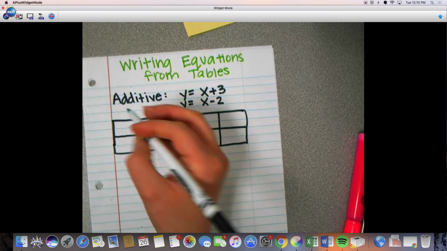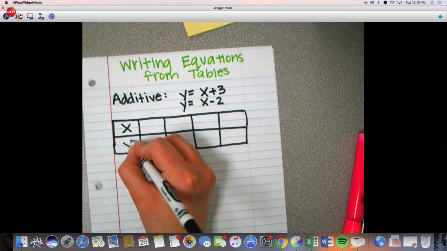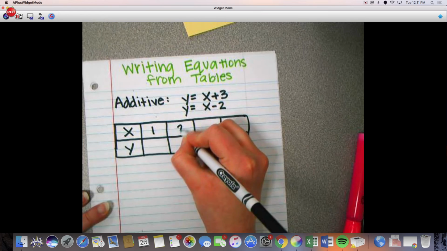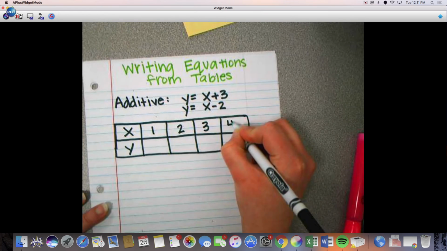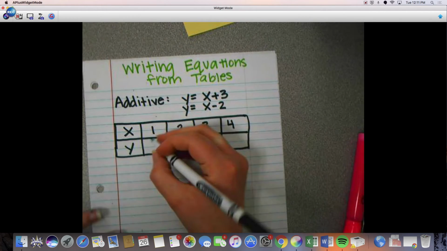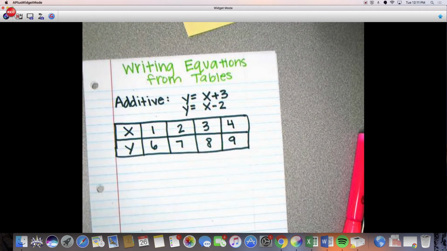This part of our table is the X row. And this is the Y row. For your X values, I want you to write 1, 2, 3, 4. For your Y values, I want you to write 6, 7, 8, 9.